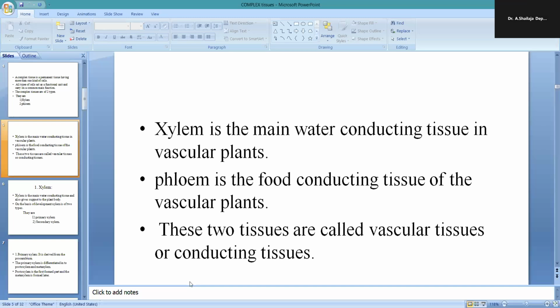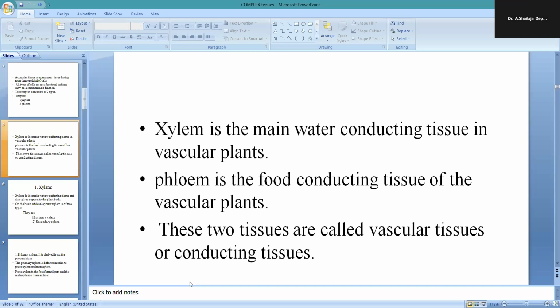So complex tissues are of two types, xylem and phloem. Coming to the xylem: xylem is the main water conducting tissue in vascular plants. Phloem is the food conducting tissue of vascular plants.